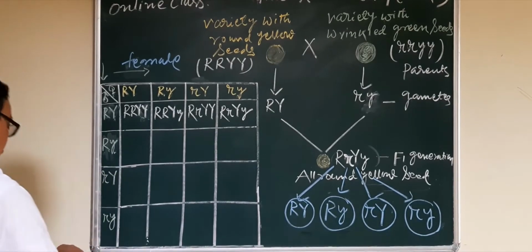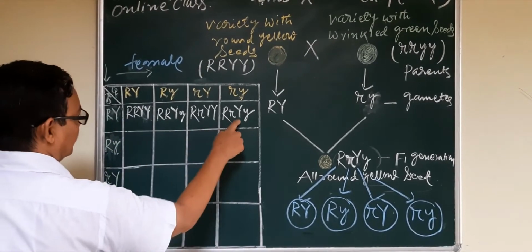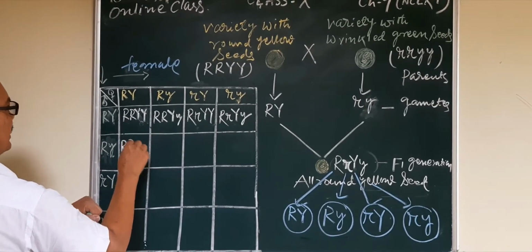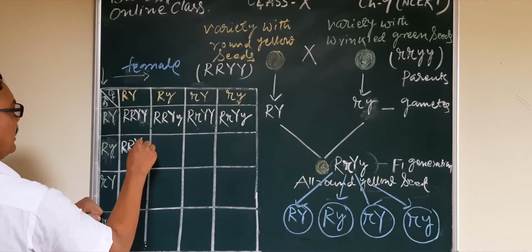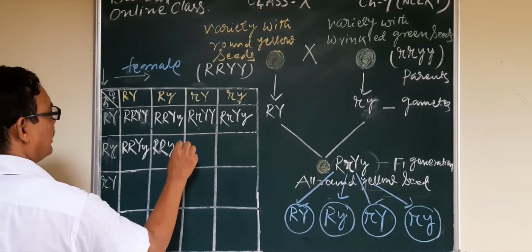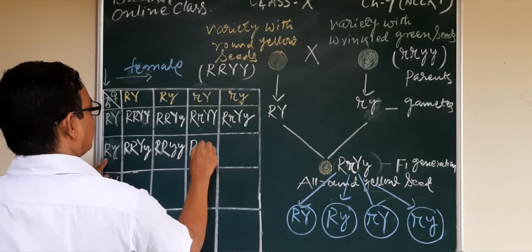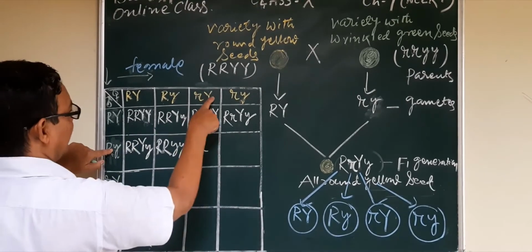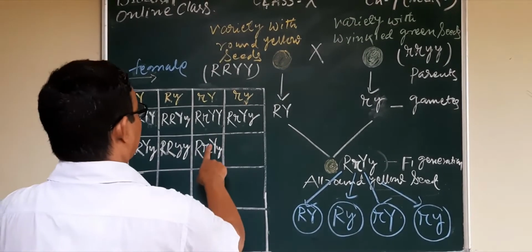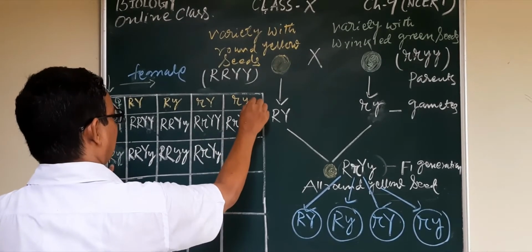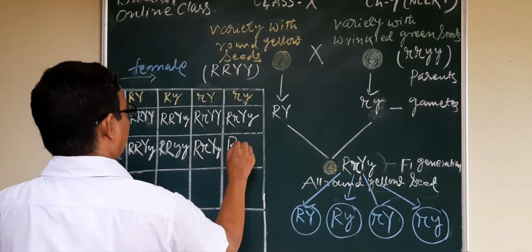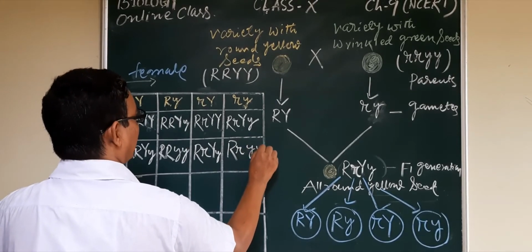And now you have to cross these. Let me do it this way: capital R capital Y, capital R small y, capital R small r. Here small y, here capital Y, so we write capital Y small y, capital Y small y, and here capital R small r and small y.